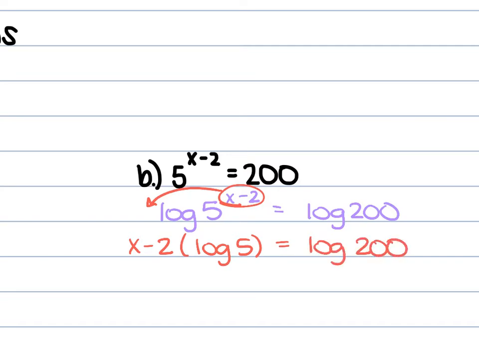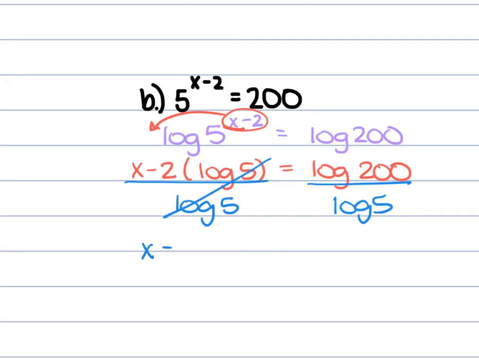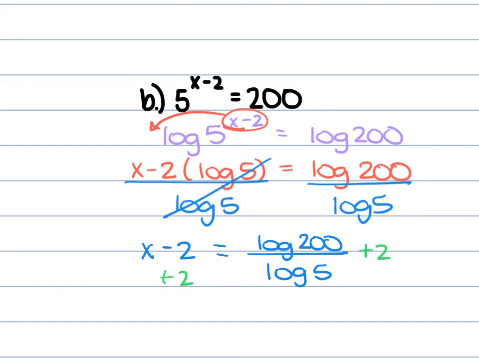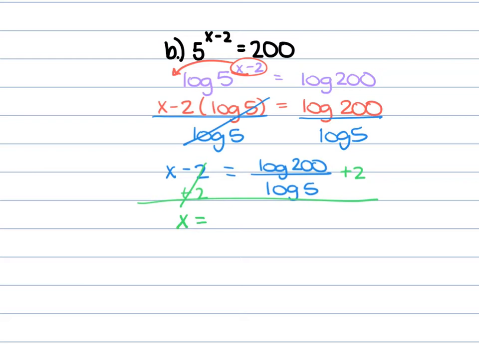From here, we're going to get x by itself. So we are going to divide each side by that log 5. So this is going to give us x minus 2 is equal to log 200 over log 5. From here, we just add the 2 to both sides. And we are going to have x is equal to log 200 divided by log 5 plus 2.